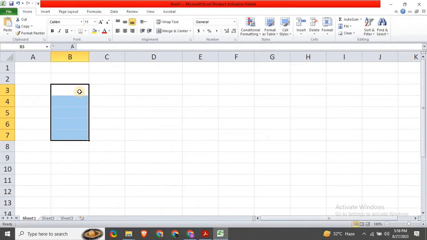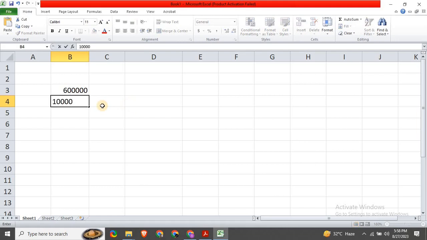So if I see this, then I have 600,000 here as my balance. There is increase in the liability, so my net current asset will decrease. But there is also increase in my current asset, because when we take loan, we receive money, either in the bank balance or in the cash account.